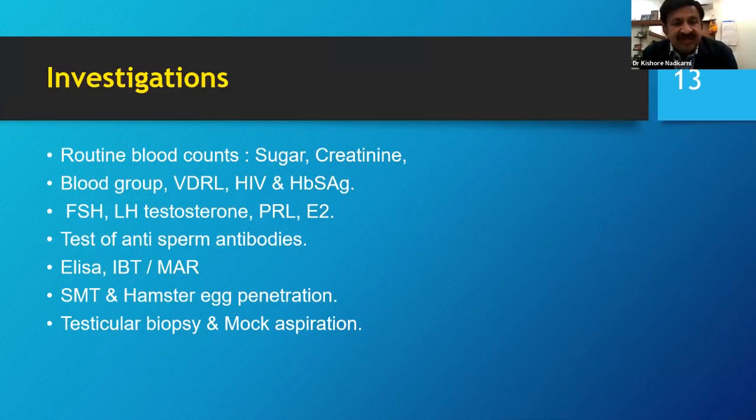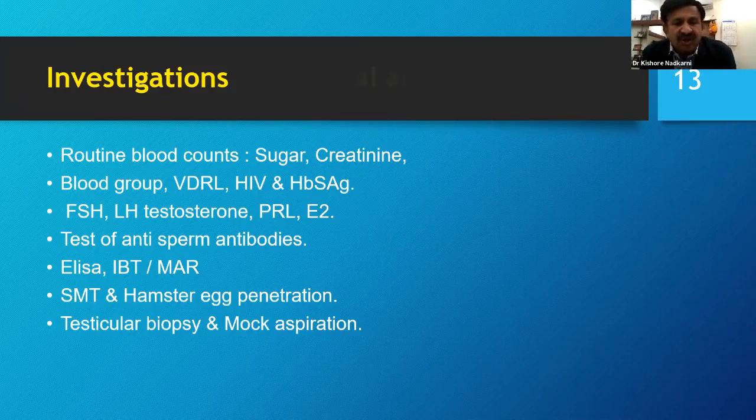The blood group, VDRL, HIV, HBsAg, and FSH and testosterone we do in all cases of male infertility, even if one semen parameter is altered. And in cases of severe oligospermia and azoospermia, we also do LH, prolactin, and estradiol. Anti-sperm antibody tests are done like IBT, MAR.